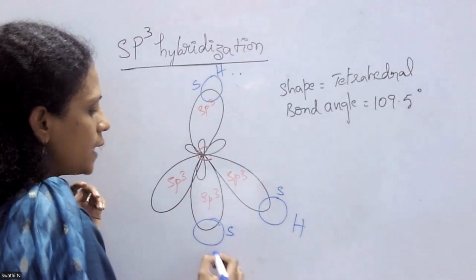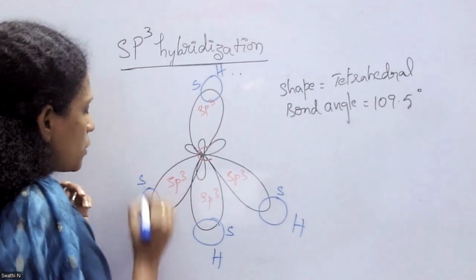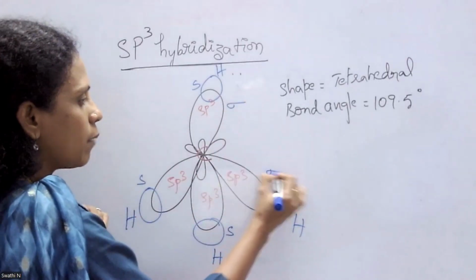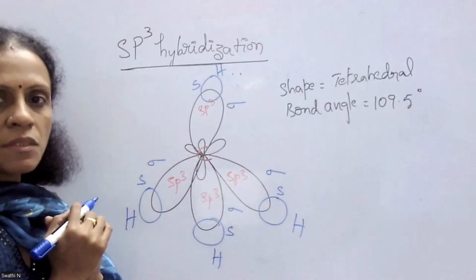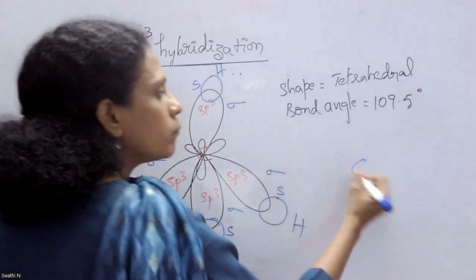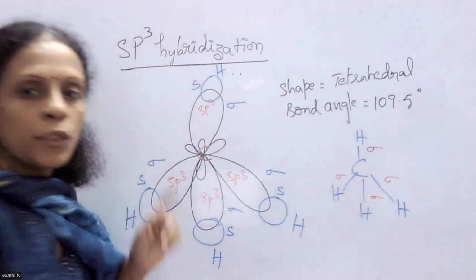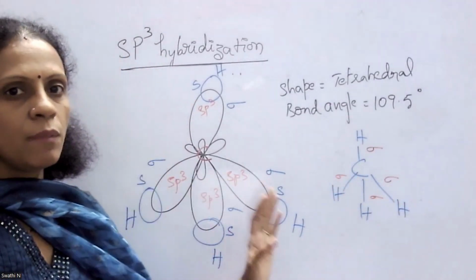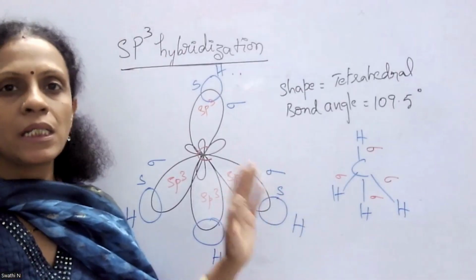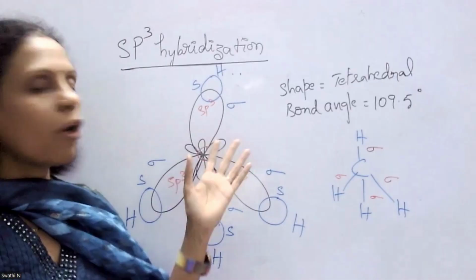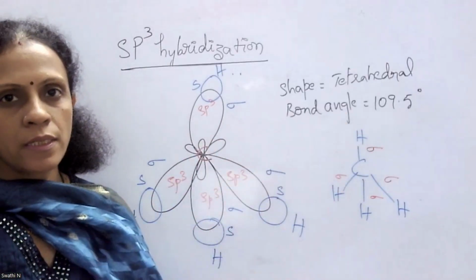Like this, the s orbitals of 4 hydrogens will be overlapping. And that is how there will be formation of 4 sigma bonds in the structure of methane. So all these are sigma bonds. So this is how, due to sp³ hybridization, there will be formation of 4 equivalent CH bonds in the structure of methane, where the bond angle is 109.5 degrees.